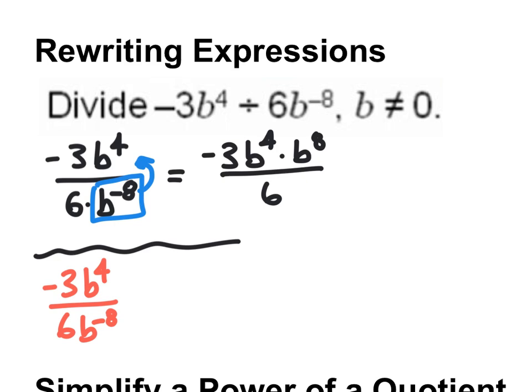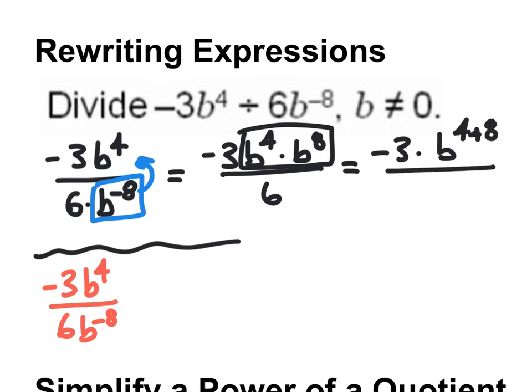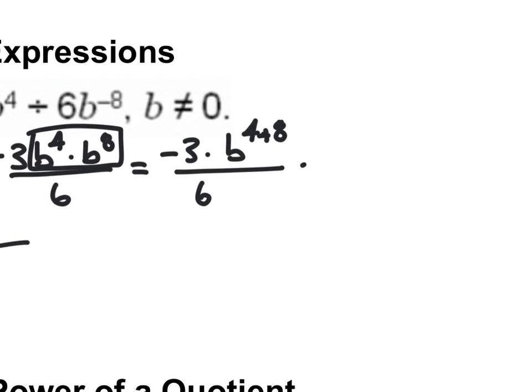Then we would add our exponents here because we're multiplying, and so I get negative 3 times b to the 4 plus 8 power, divided by 6, and that's just going to give me negative 3 times b to the 12th over 6.